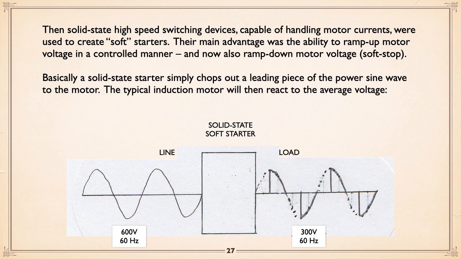The big advantage of soft starters, besides being adjustable and everything else, is the fact they can also soft stop. It can play the same game that it used to start the motor, increasing the voltage. It can help power it down slower by decreasing the voltage when you want it, okay?